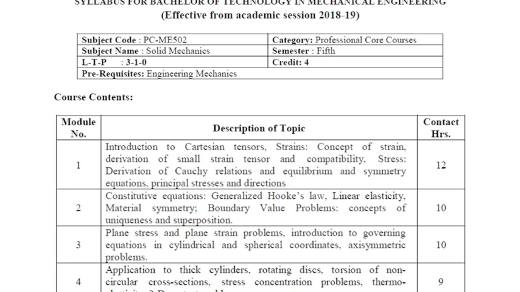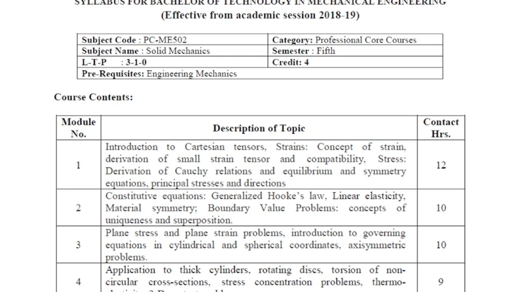Then comes module 2, where constitutive equations including generalized Hooke's law, linear elasticity, material symmetry, and, very important, boundary value problems and the concept of uniqueness and superposition come into the picture.